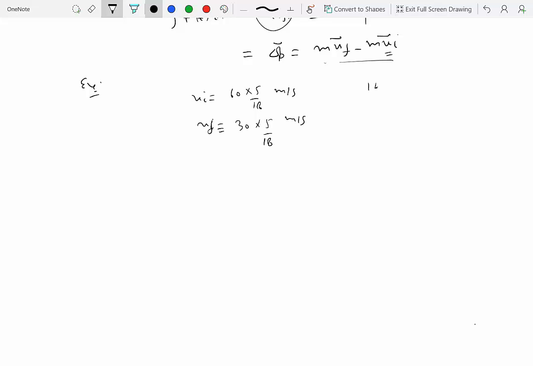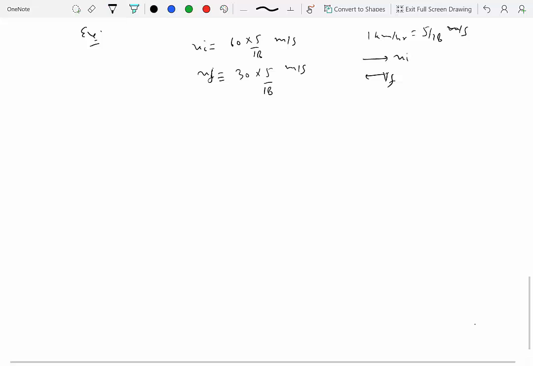So actually 1 kilometer per hour is 5 over 18 meters per second. So I'm using that unit conversion factor over here. All right. So directions are important as well. Let's say initial velocity was this way and final velocity is the other way, going backward. So we have to pick a coordinate system. Let's say this is positive x, this is positive y direction.